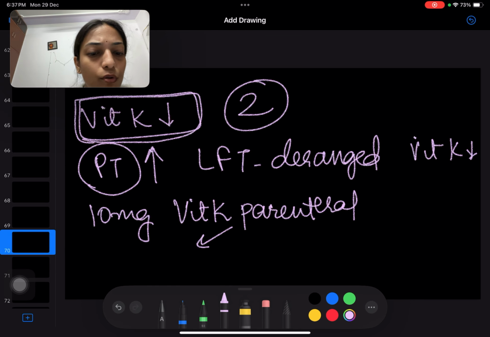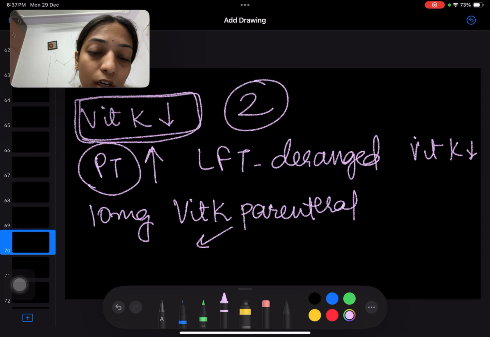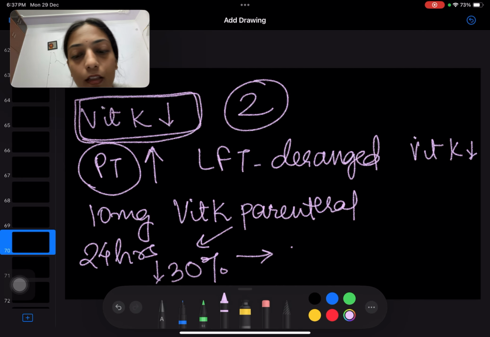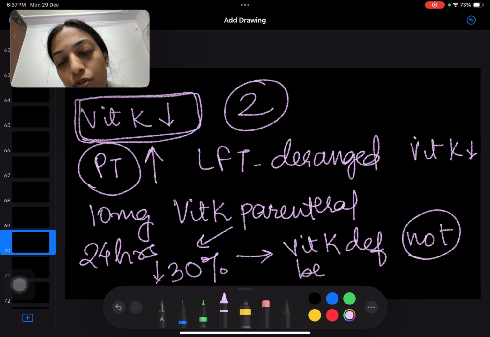Right? And then you check prothrombin time again tomorrow, like 24 hours later. So at 24 hours, when you check the prothrombin time, if it goes down by 30%, it means that it was because of vitamin K deficiency and not because of liver.